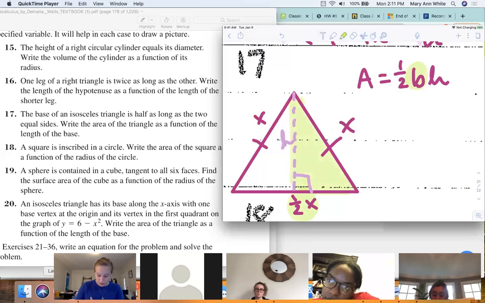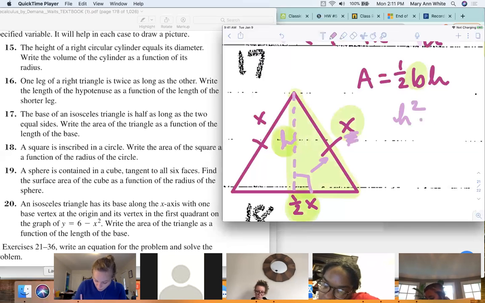If I look at just this green triangle, I have one side is H, one side is 1/2 X, and one side is X. We need to get at H in terms of X. So we got to do another Pythagorean theorem. However, this time H isn't by itself on the side of the equal sign, X is, because X is my hypotenuse now, the side across from the right angle.